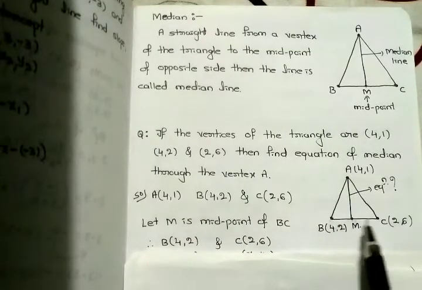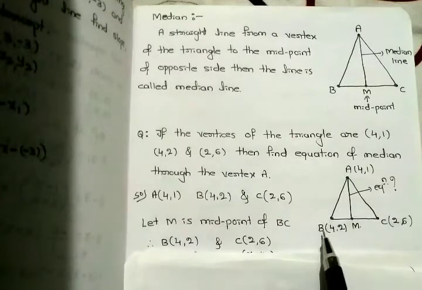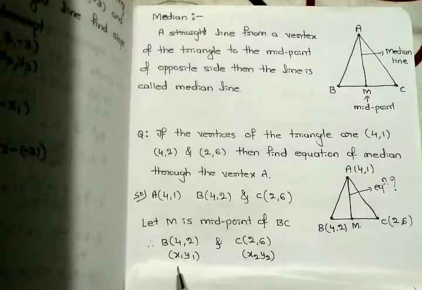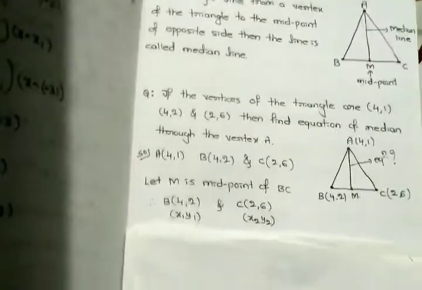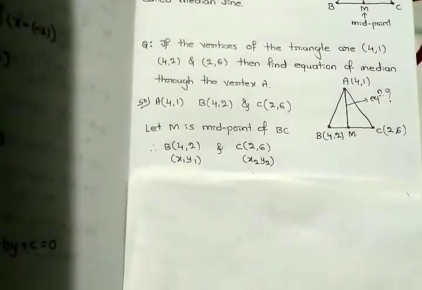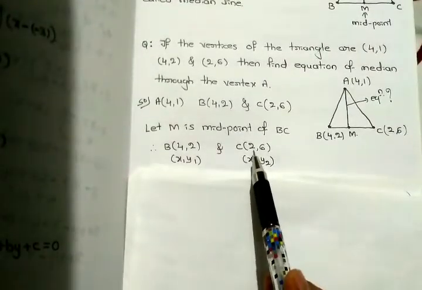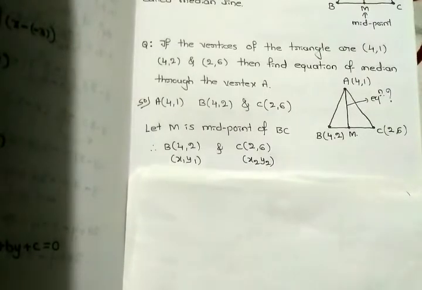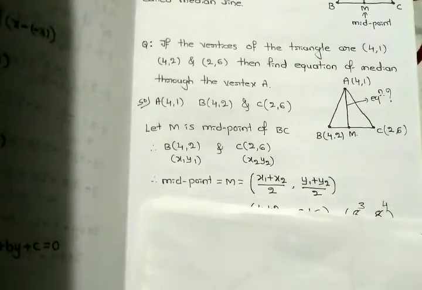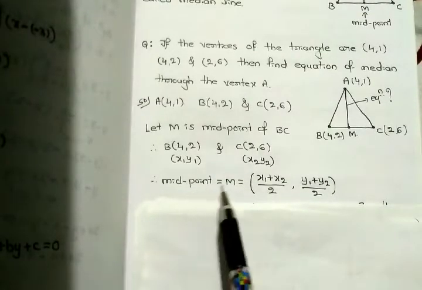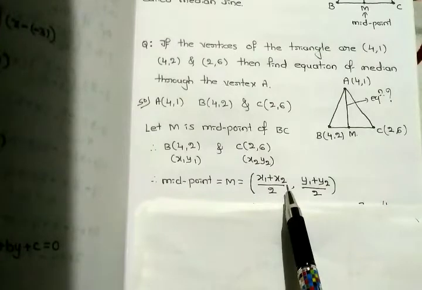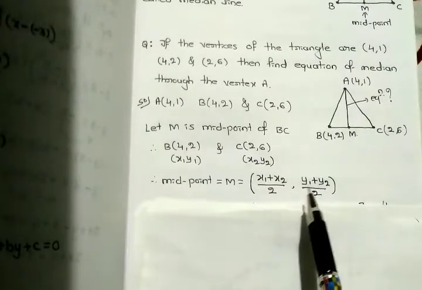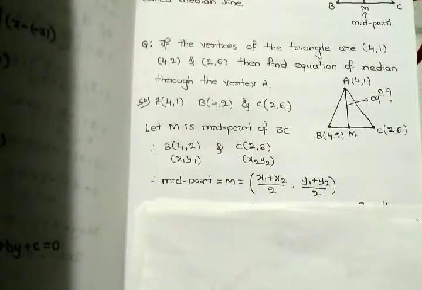Therefore, B = (4, 2) we consider as (x1, y1), and C = (2, 6) we consider as (x2, y2). Therefore, use the midpoint formula. You know the midpoint formula: midpoint M = ((x1 + x2)/2, (y1 + y2)/2).